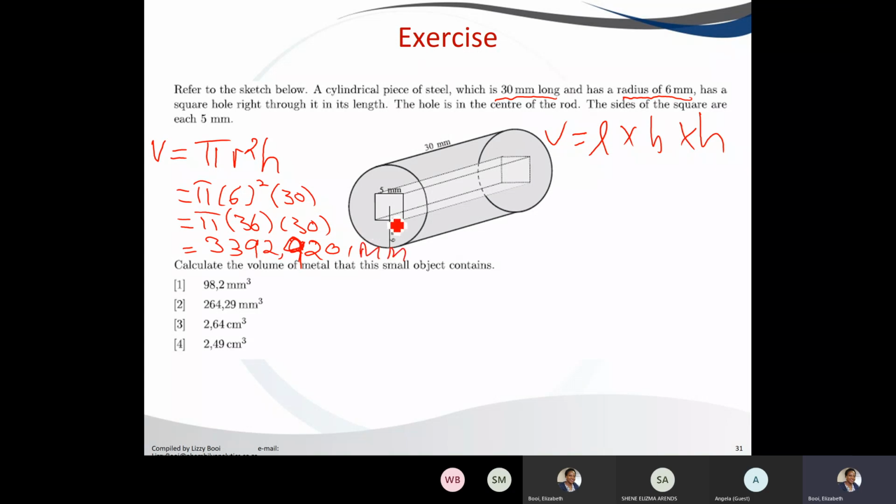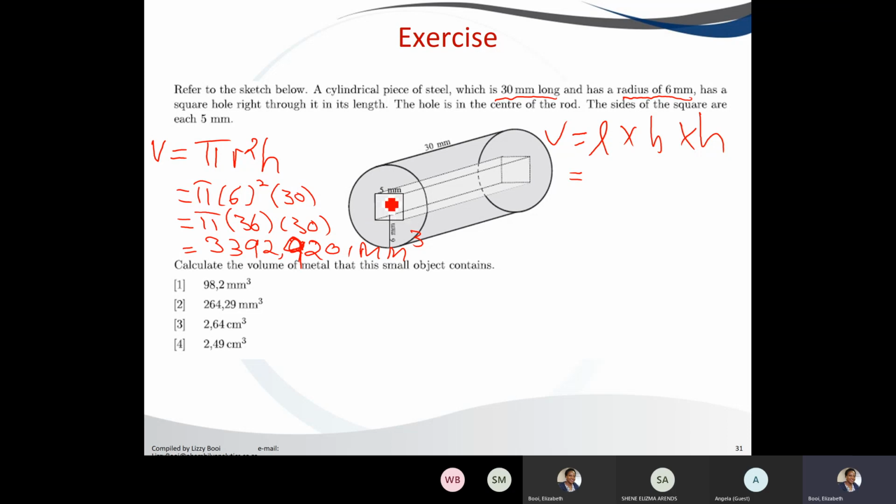This answer will be in millimeter cubed. We can also calculate the volume of the rod so that we can subtract it from there. The sides of the rod are 5, like square sides, so they are equal.